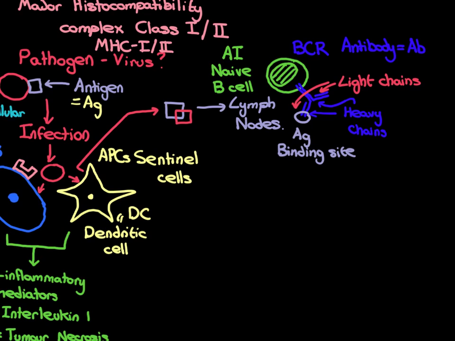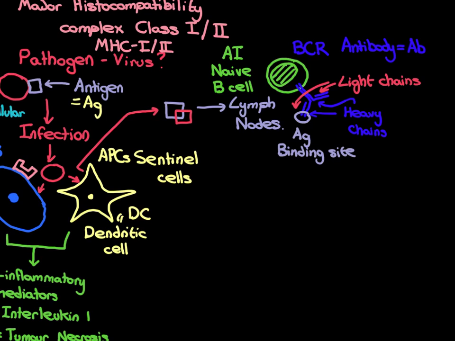You have to have a checkpoint to make sure that only B cells that are absolutely necessary to activate get activated, and that checkpoint requires help from CD4 positive T cells, effector helper T cells. So B cells cannot activate yet. This B cell is not going to start dividing, not until it's had the go signal from an effector CD4 positive T cell.